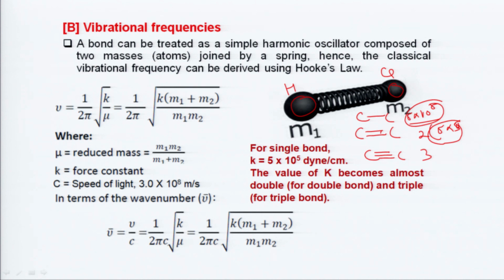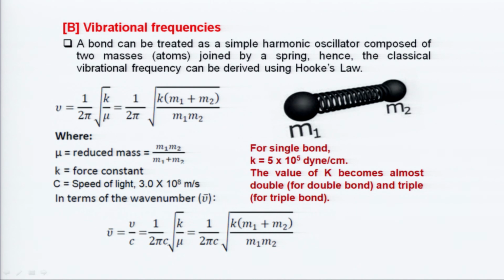Again, we are not using frequency as such, but we are using wave number. So, if we use wave number, it is necessary to convert that frequency into wave number. How can we derive this? We can see here that nu is equal to c by lambda.